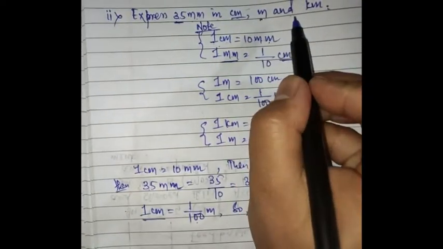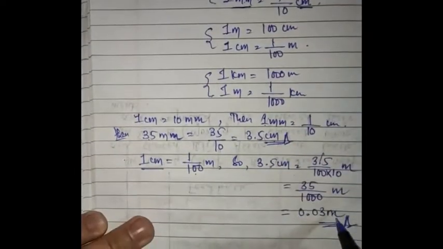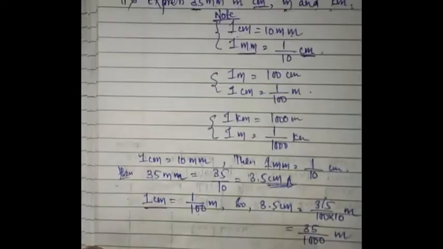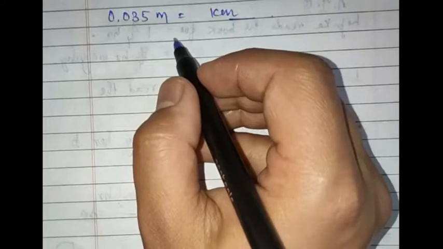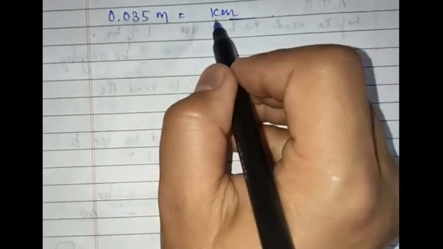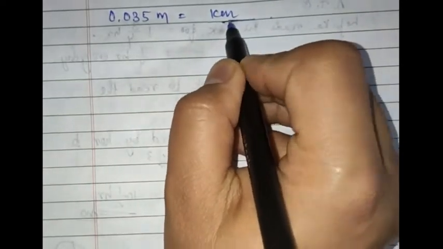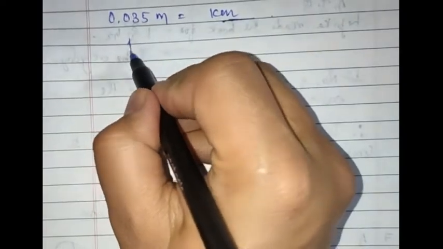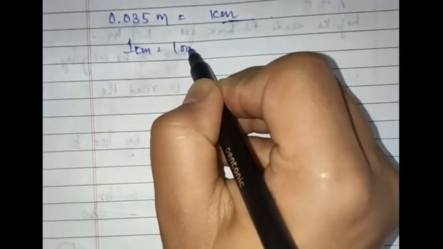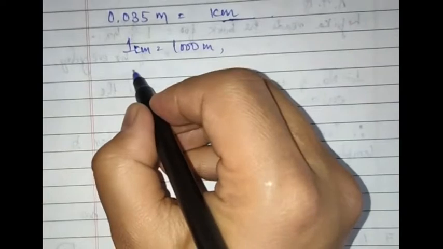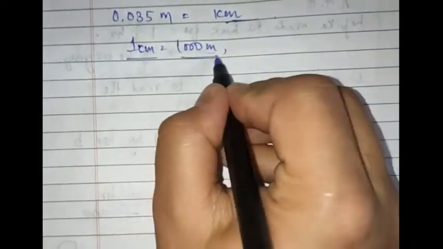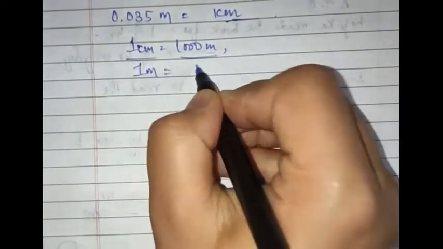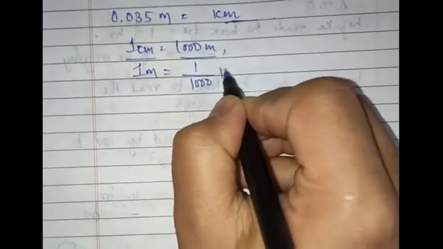Now we have to convert this into kilometer. It is better to use this meter value to convert into kilometer form. The last question is to express in the form of kilometer. We know that 1 kilometer equals 1000 meter. Then we can write 1 meter is equal to 1 by 1000 kilometer also.